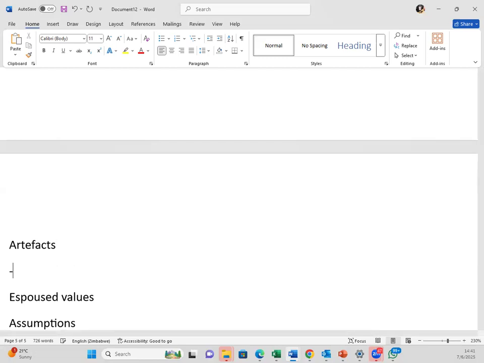The artifacts in culture are things you can easily see about the culture. You get to a place, you don't need to ask, you can easily see this. These are aspects of culture that you can easily see, even without being told.